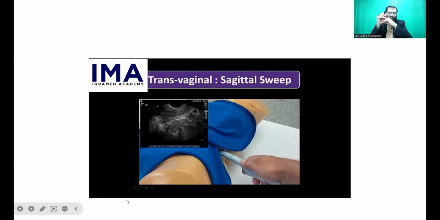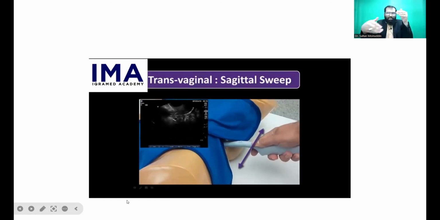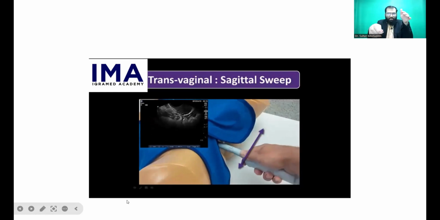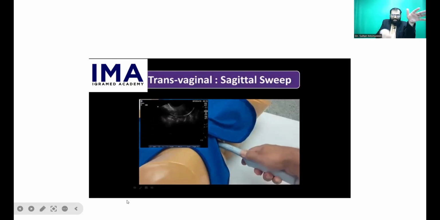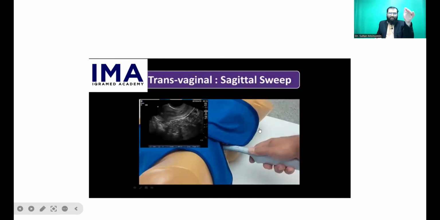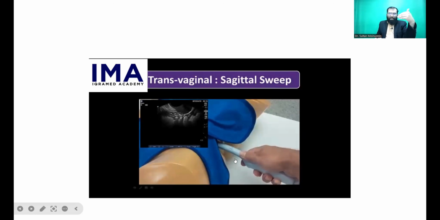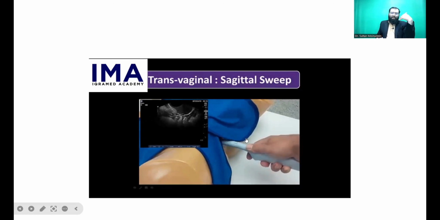This is how I want you all to see how we manipulate the probe. When you want the mid-sag and parasag, this is the movement which has to be performed, that is side to side movement. This is called sagittal sweep, whenever you want to look for ovaries.